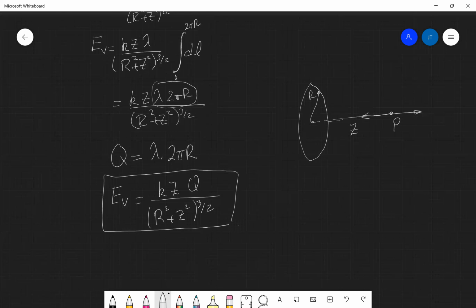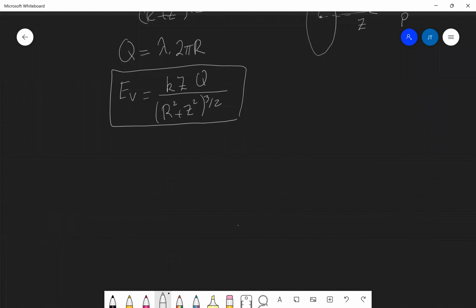So now, is this a good answer? One last thing. One way to find out in some of these problems is to go stand a distance far, far, far away from the ring. And when we do that, the ring will not appear as a ring anymore, right?